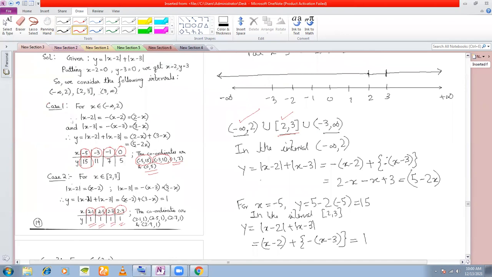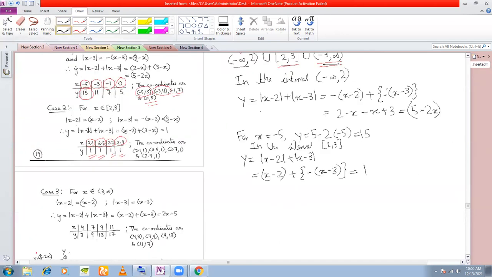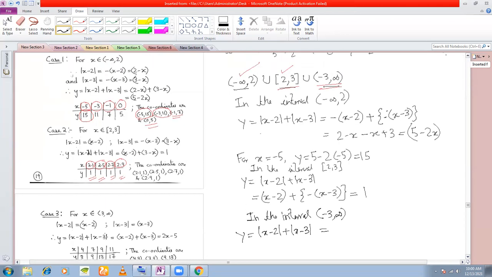Now when I consider this interval, y is equal to mod x minus 2 plus mod x minus 3. If x is a number that lies between, this is not minus 3 infinity, this should be plus 3 infinity.